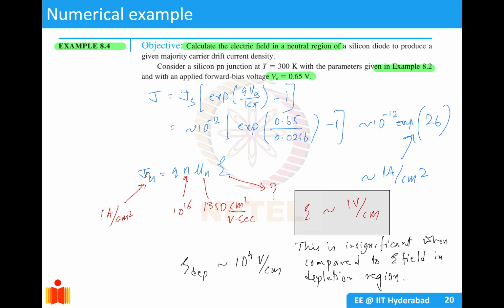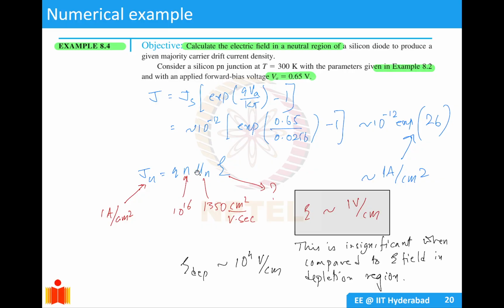to maintain the balance. So n we know is 10 to the 16, and mu n we can calculate from the given Dn value in the previous question, which was 25. So it will come to around 1350 centimeter square per volt second.